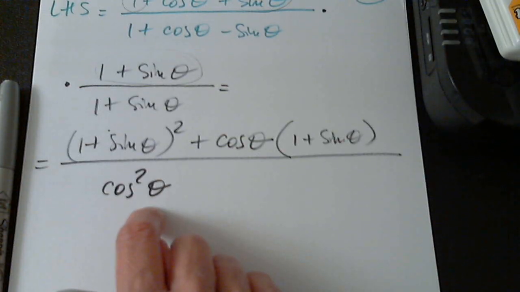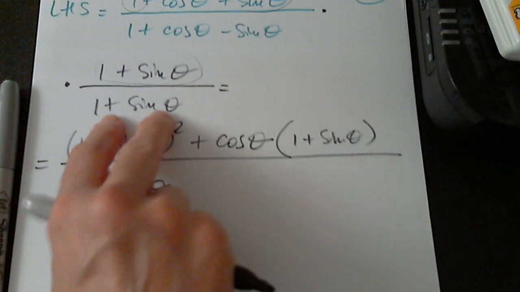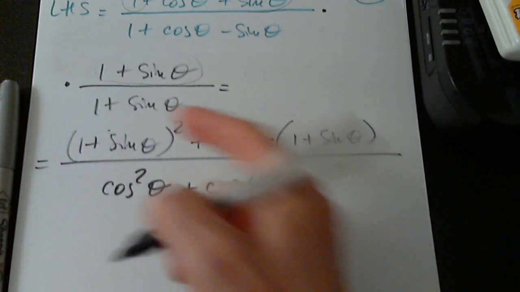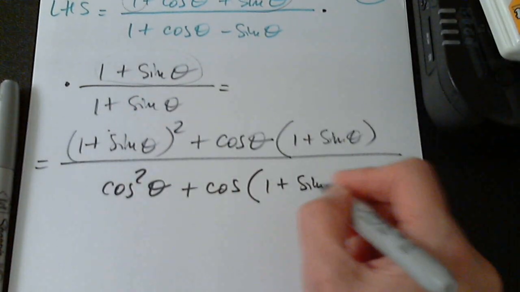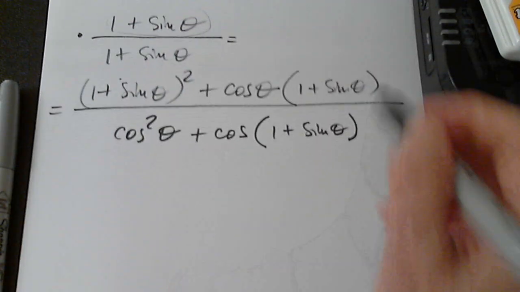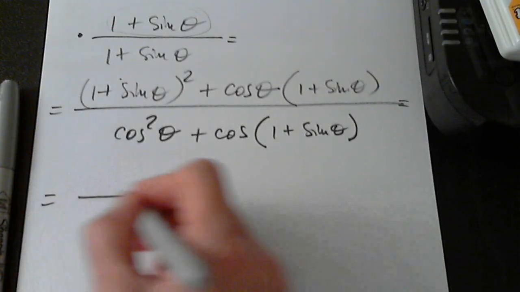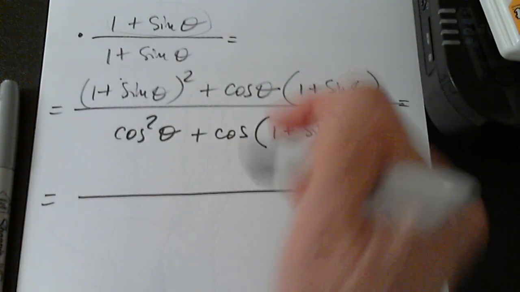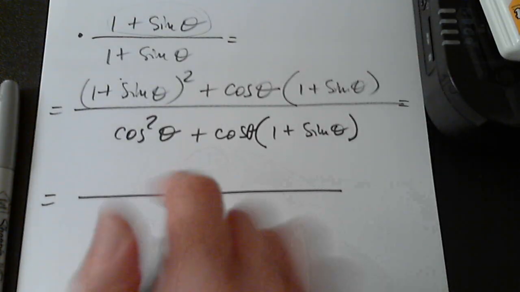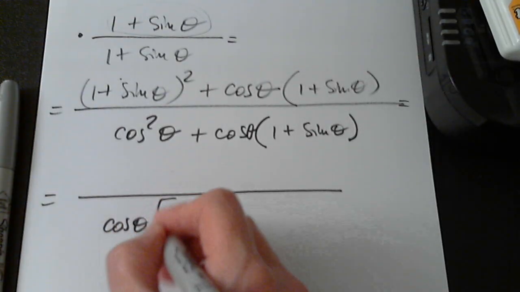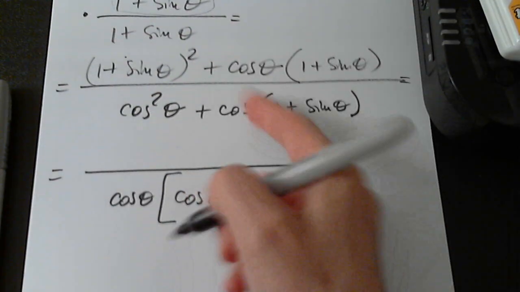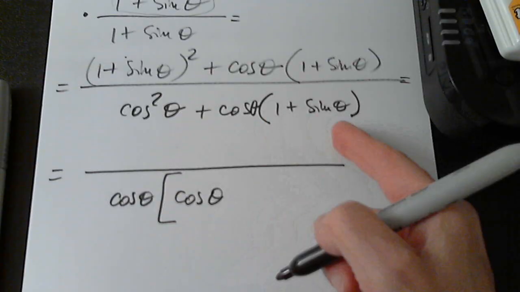But I have to distribute 1 plus sine to cosine. So plus cosine, parentheses, 1 plus sine theta. Okay, at this point, in the denominator, I can only factor out cosine theta. Cosine theta, and I have in brackets cosine theta, this is out, plus 1 plus sine.